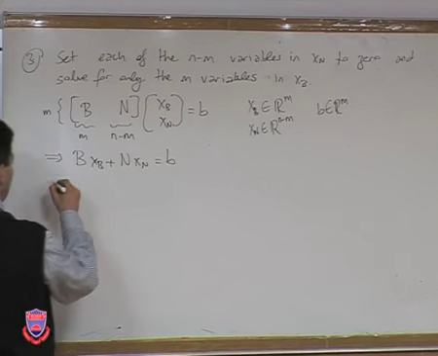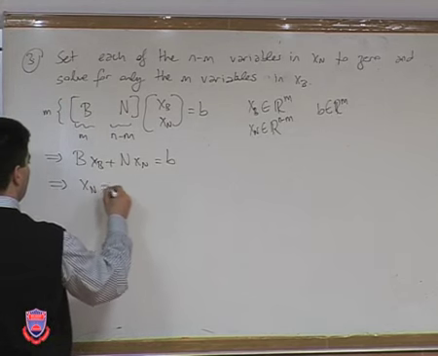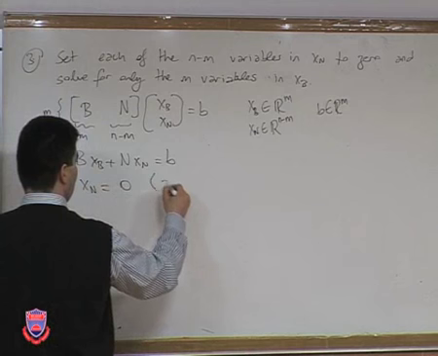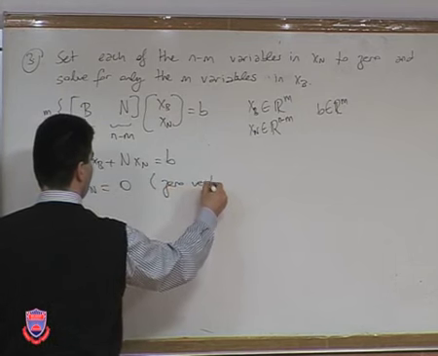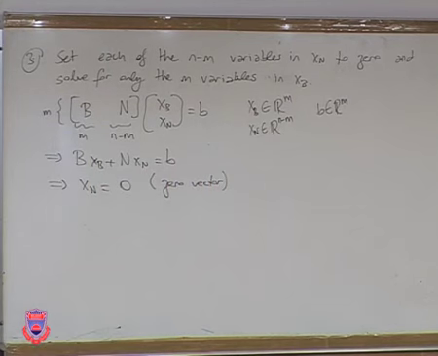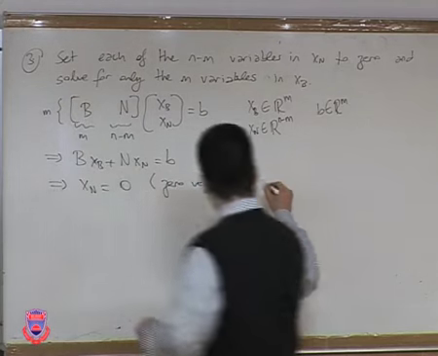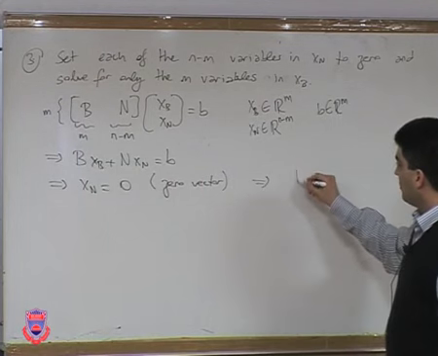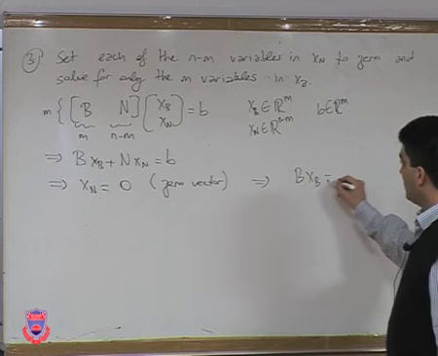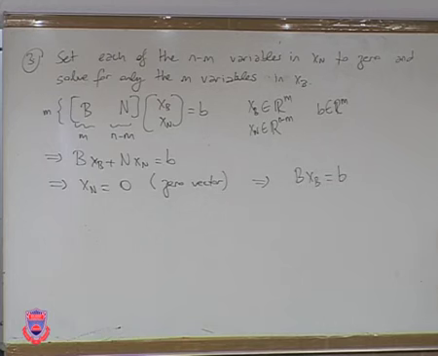Well, I'm going to set xn to 0. So this is basically the 0 vector. Okay, it's not a constant because xn has n minus m components. So I'm setting each of them equal to 0. Well, if xn is equal to 0, then this system simplifies. So I can write this as B times xb is equal to little b, basically, right?